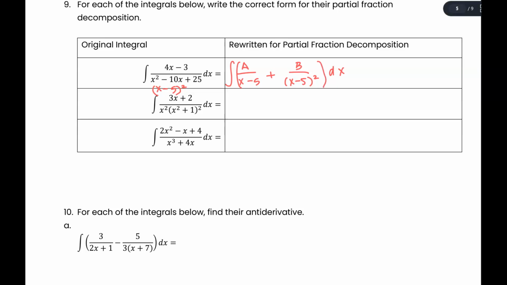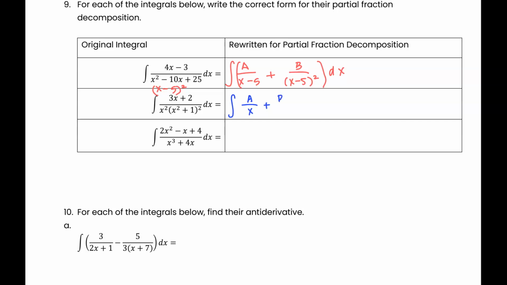Next one was actually done for us in terms of the factoring. So we have a repeated linear, which as we learned, we can also treat as an irreducible quad, either way. And we have a repeated irreducible quadratic with that sum of squares. So however you want to set that up, as we noted, I'm going to go ahead and treat it as a repeated linear.